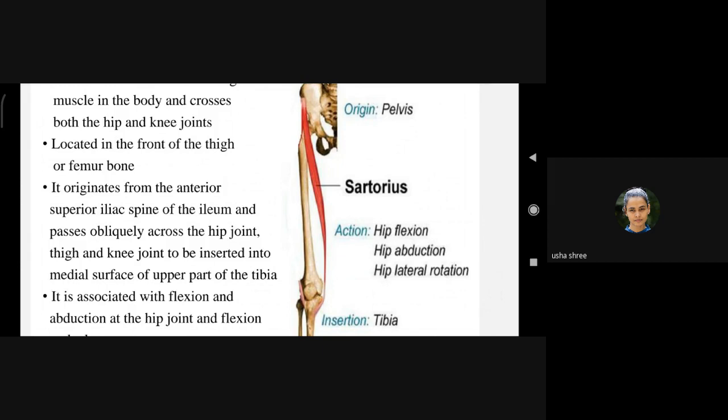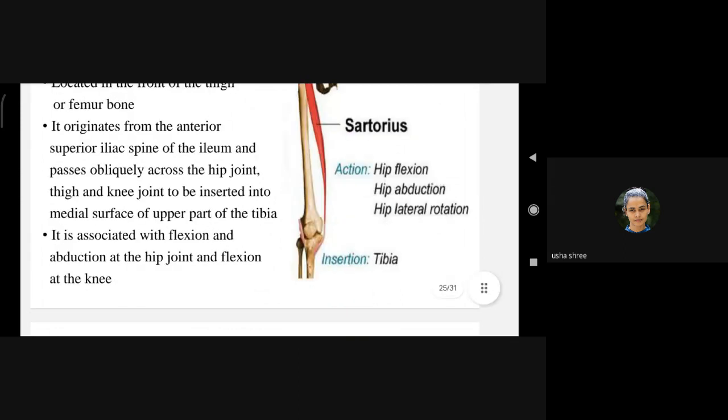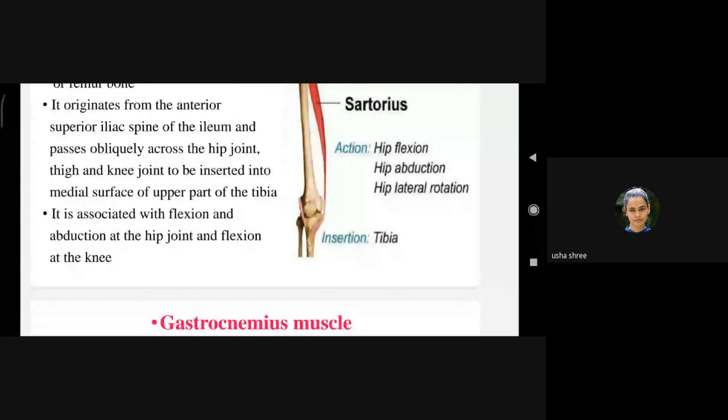Medially means from the inward part, coming nearer to the midline of the body and inserting into the tibia. It is associated with flexion and abduction at the hip joint and flexion at the knee.